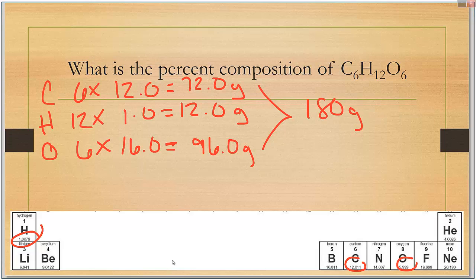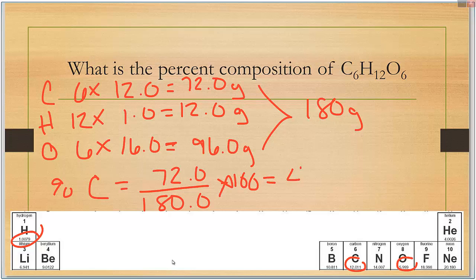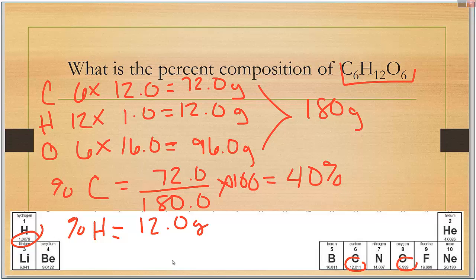So if we look at just the carbon, we see that 72.0 divided by 180.0 times 100 comes out to be 40%. So out of this whole compound, 40% of its mass is coming from carbon. We can do the same thing for hydrogen. 12.0 grams over 180 grams times 100 comes out to be 6.7.